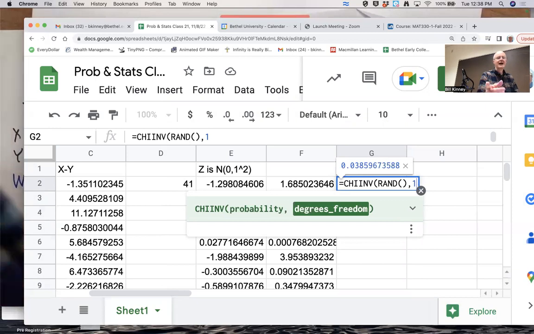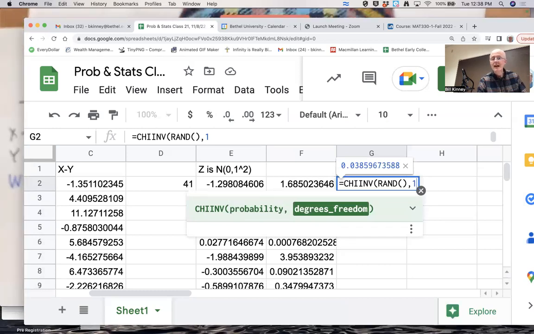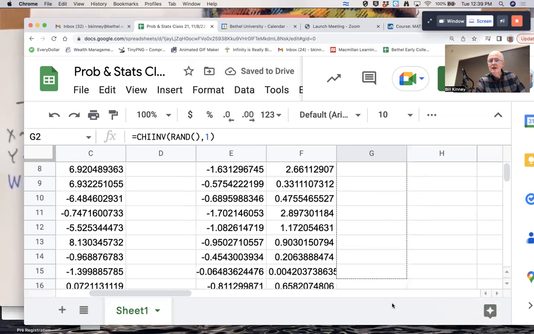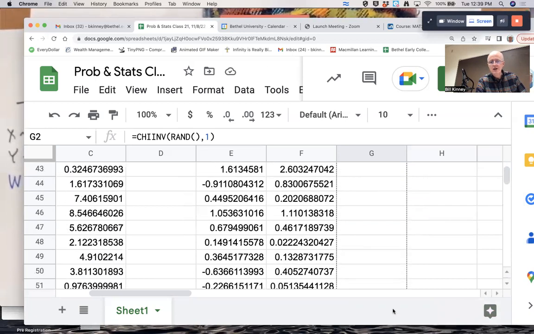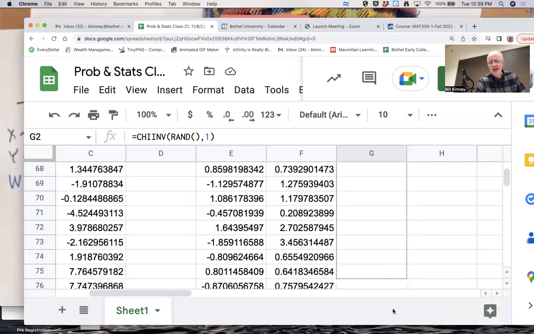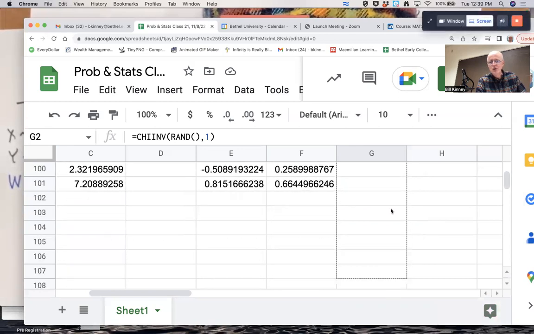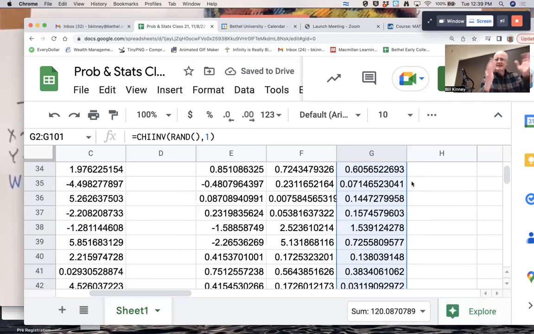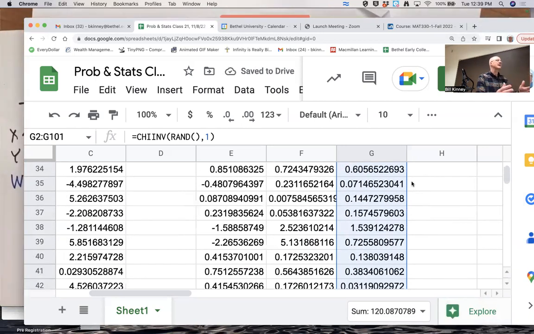So this equals CHIINV with RAND, comma 1, should simulate a chi-squared random variable with 1 degree of freedom, I think. So in columns F and G, we essentially should have 2 samples of 100 that are roughly the same in their behavior. If I made histograms for them, they should be roughly similar in shape and center and spread.